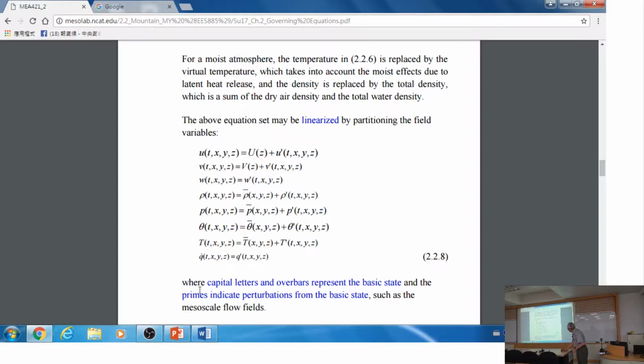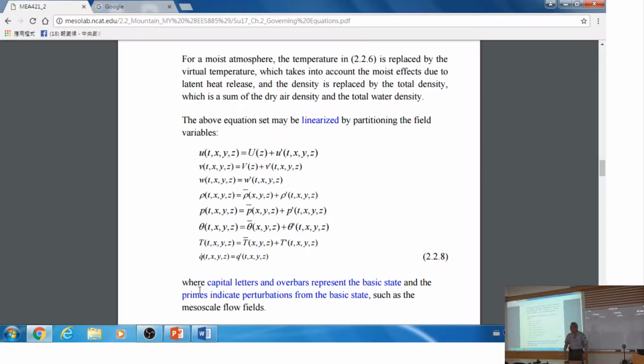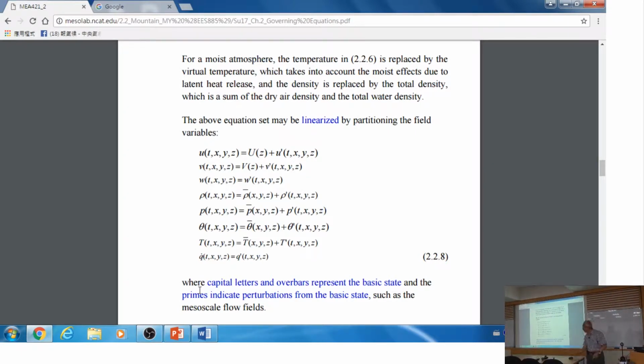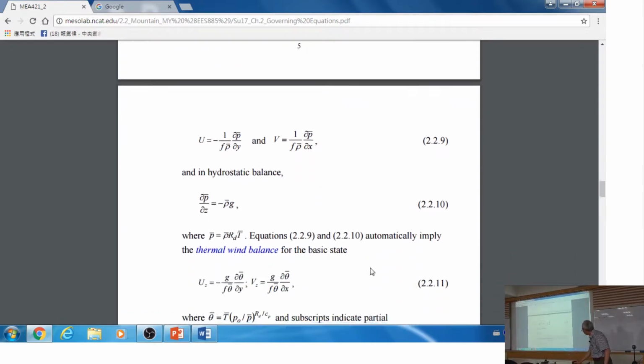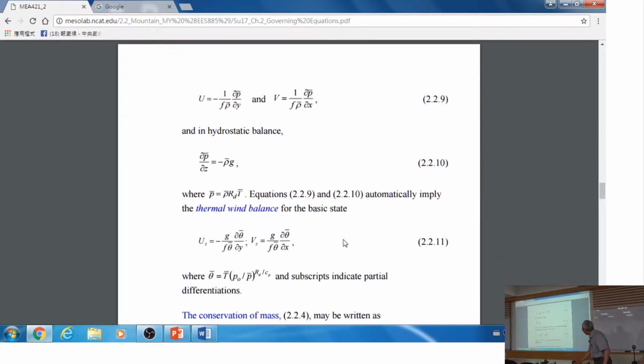And when we say linearization, that means this perturbation part is much smaller than the basic part, and then we ignore certain terms. That process is called linearization. Then we also assume the background flow is in geostrophic balance and hydrostatic balance.